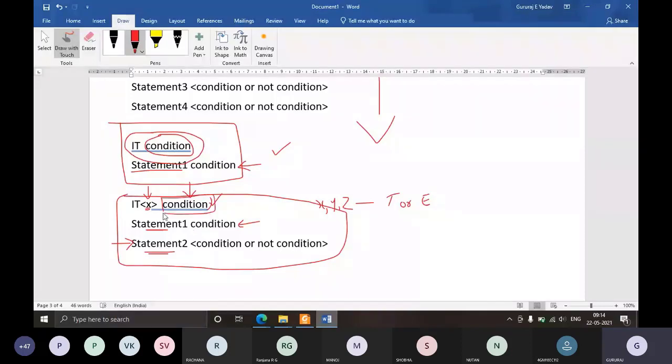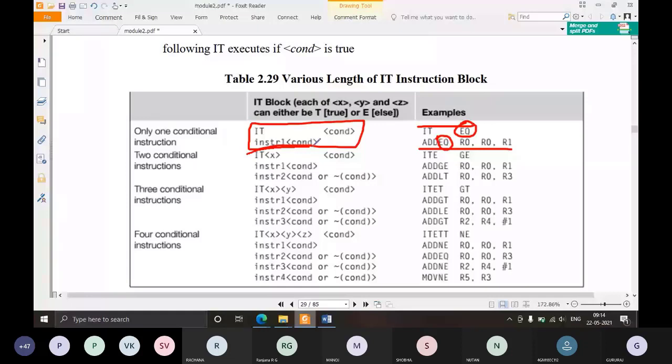That depends on X. So that is why X is needed here. That is the second variant you can see here: IT followed by X, then the condition, having 2 statements, instruction 1 and instruction 2.